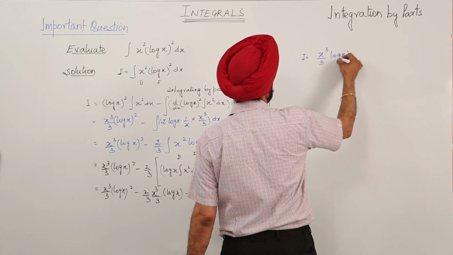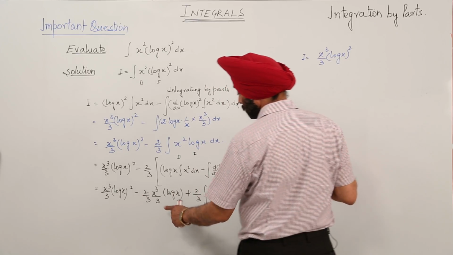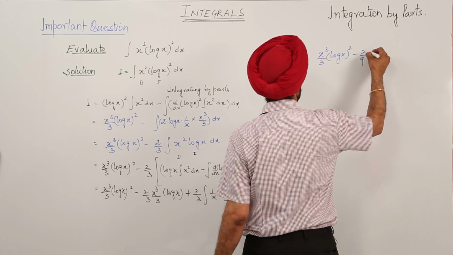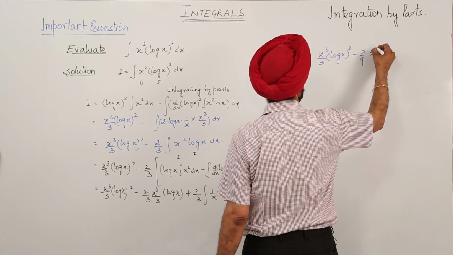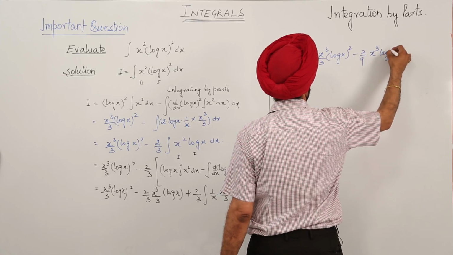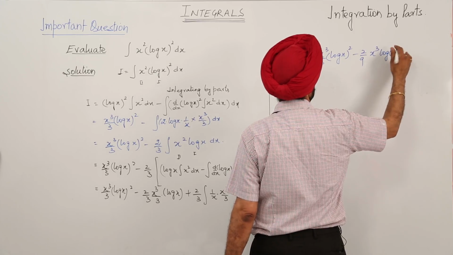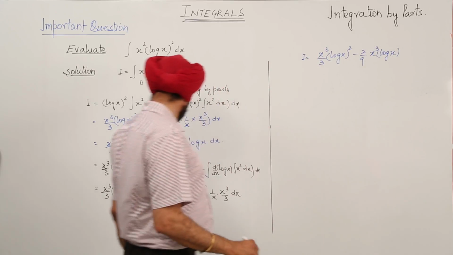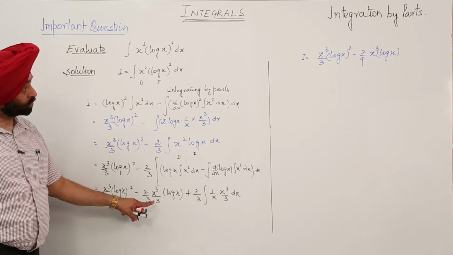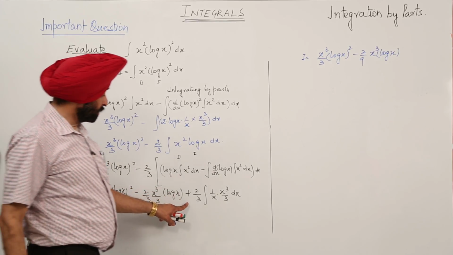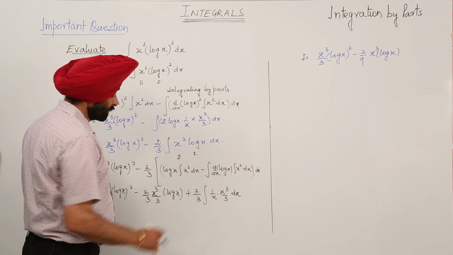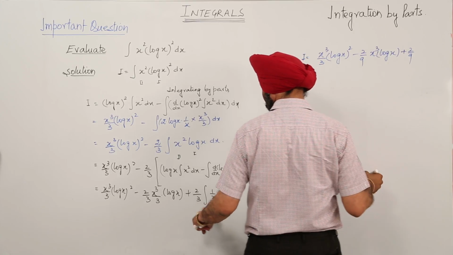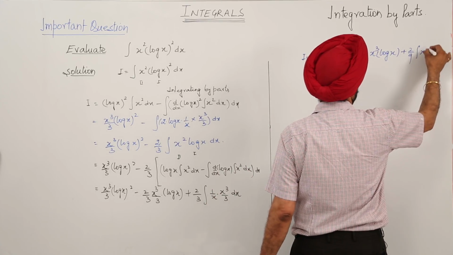So now we are having x cube upon 3 (log x) whole square, one term, minus 2 upon 9 x cube log x, plus now 1 x and x cancel, plus 2 by 9 integration of x square dx.